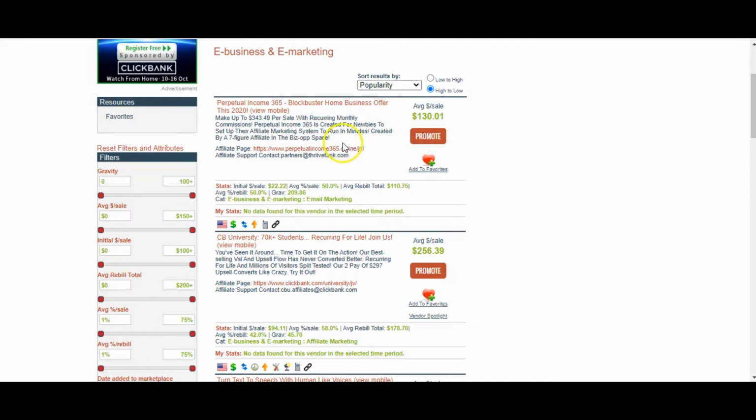But once you're happy with the gravity score, the percentage of sale, the possible rebill if that's what you're going for, and the initial sale looks good, keep in mind how much the initial sale would be and how many ads, or how long, you'll be running an ad for. They do say, and I have tested it in the past, to start out with $5 budgets within Facebook, but nowadays things have gotten a little bit more expensive.